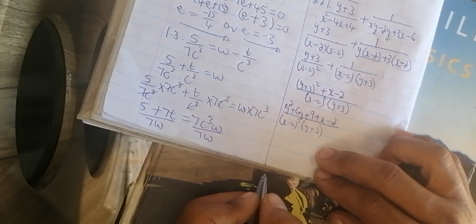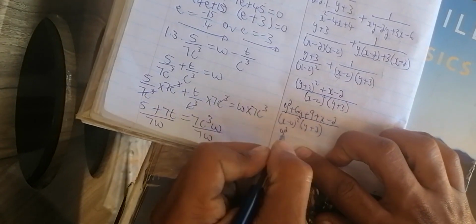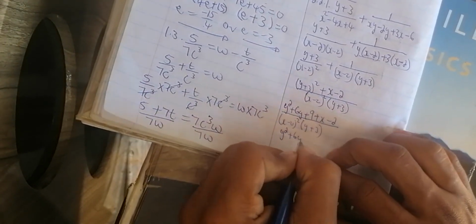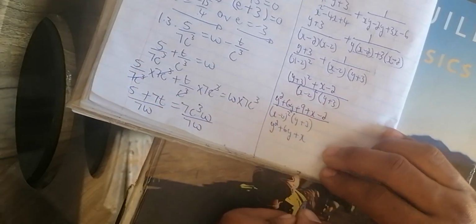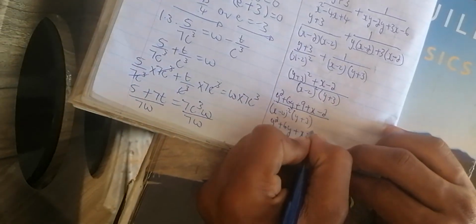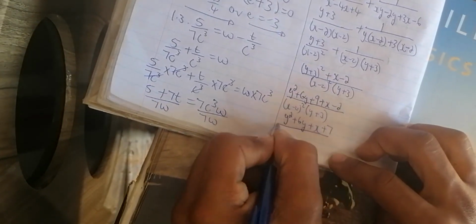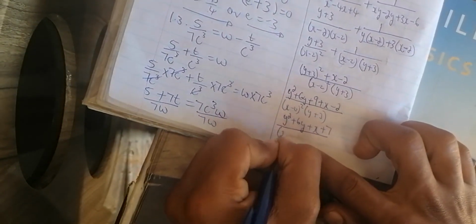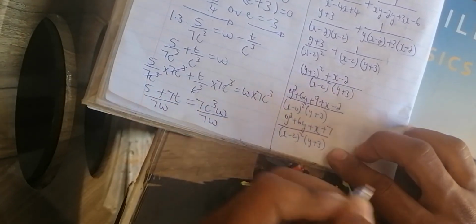Are there any like terms that I can group on top? Yes. y squared plus 6y plus x. What is 9 minus 2? It's 7. All be divided by (x minus 2) squared times (y plus 3). I think I can just leave it here.